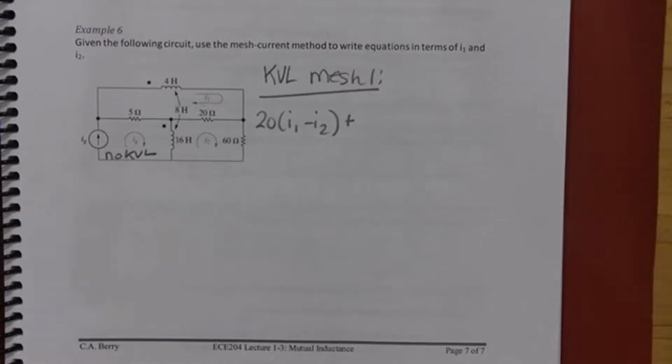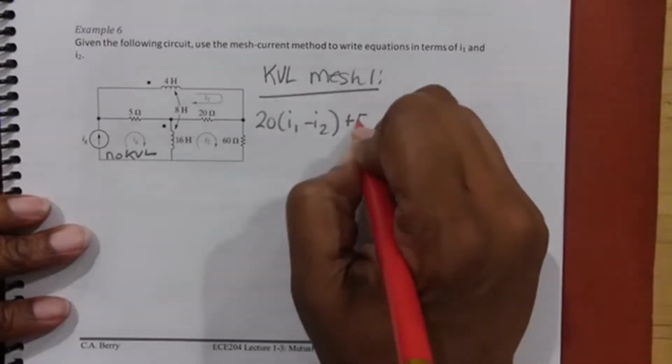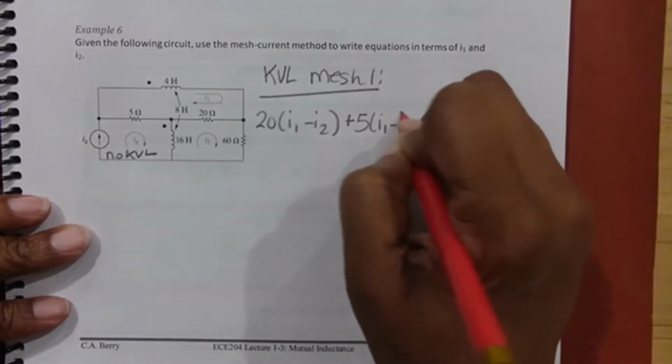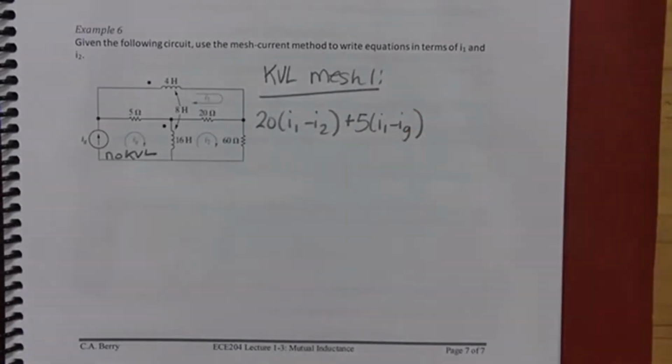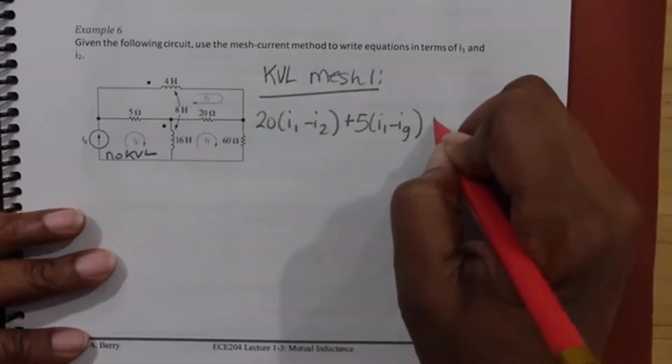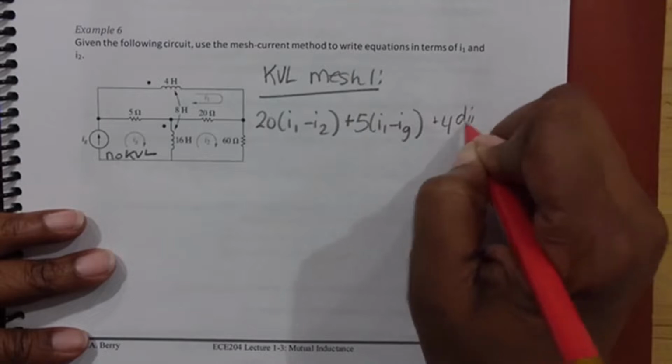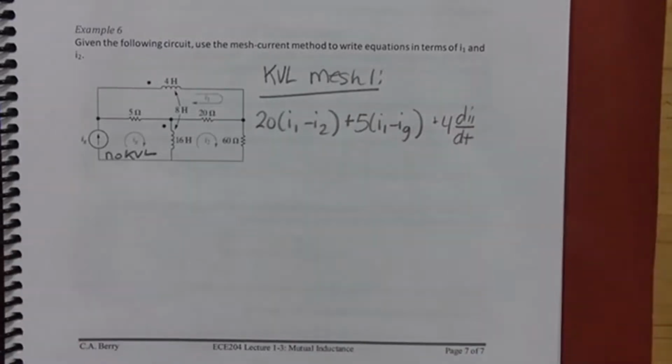The 5 ohm resistor is going to be 5 times I1 minus IG. Okay. The self-induced voltage for the 4 Henry inductor is going to be plus 4 di1 dt.